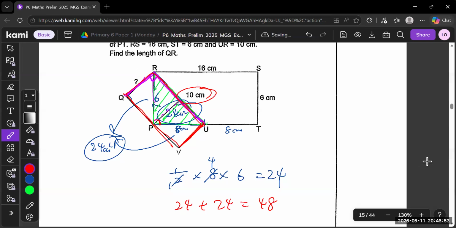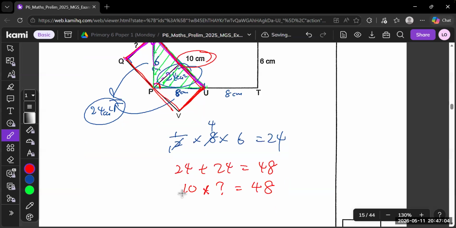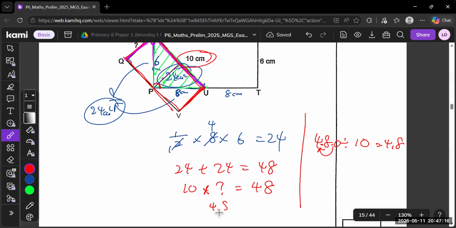What's the breadth? So length times breadth of the rectangle gives you the area of the rectangle. So can we find the breadth? 48 divided by 10. And of course, you must know how to shift the decimal point. So you change the whole number into a decimal, shift left one time, you get 4.8. So the breadth is 4.8 cm.